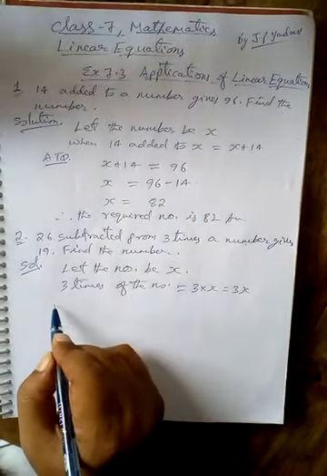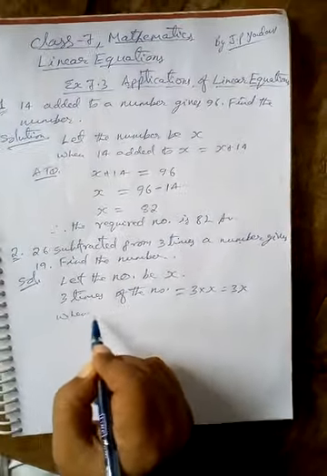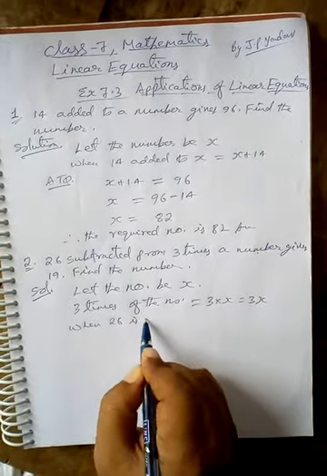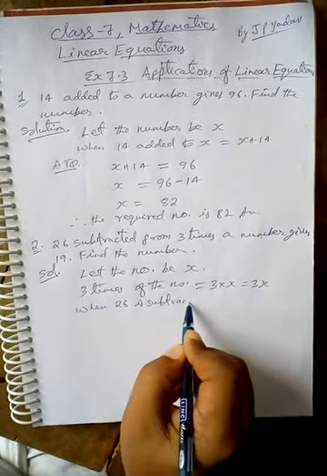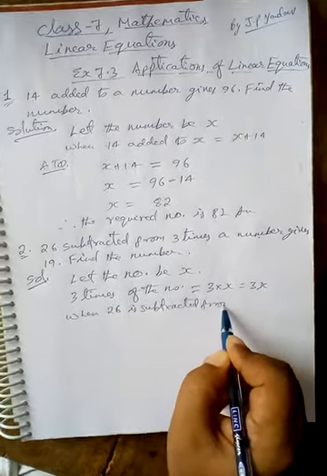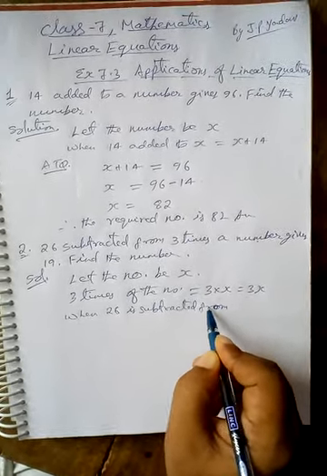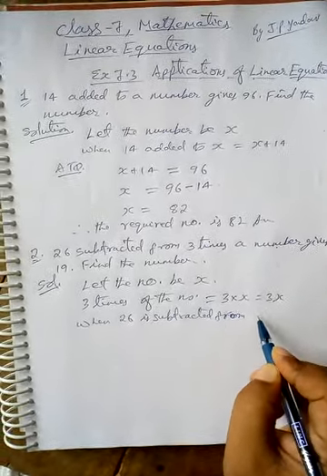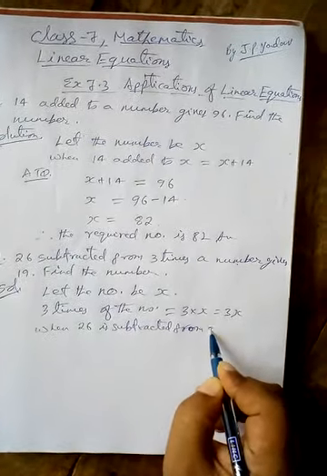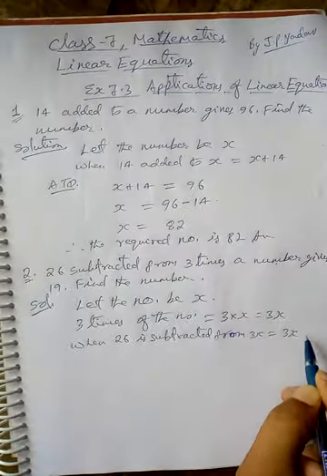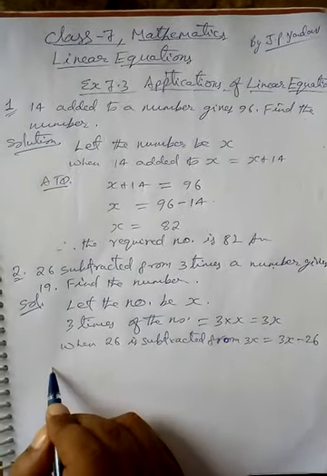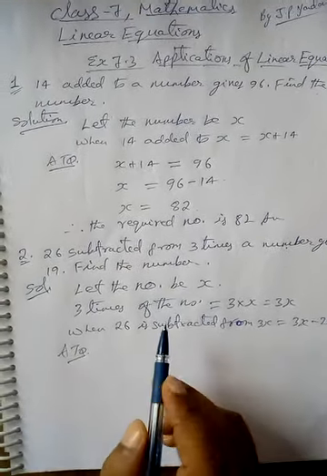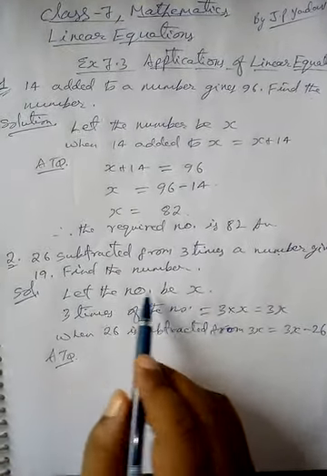When 26 is subtracted from 3x, that is 3 times the number, that is 3x minus 26. Now according to the question, first of all look here. We can find the number.